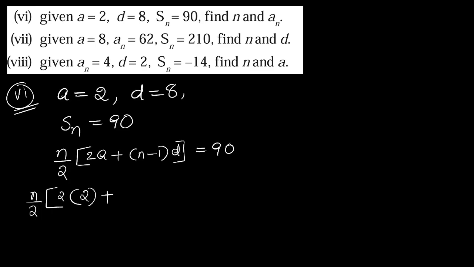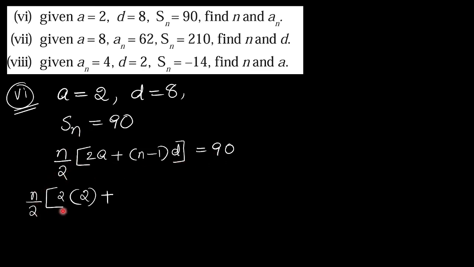Okay. So I will repeat once again. A equal to 2, D equal to 8 in the 6th question. A equal to 2, D equal to 8 given. Sn is 90. I want n and an. So Sn has the formula n by 2 into 2a plus n minus 1 into d equal to 90.